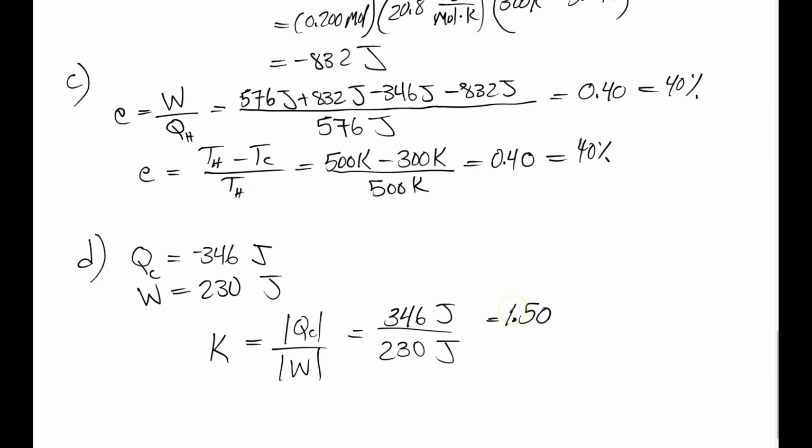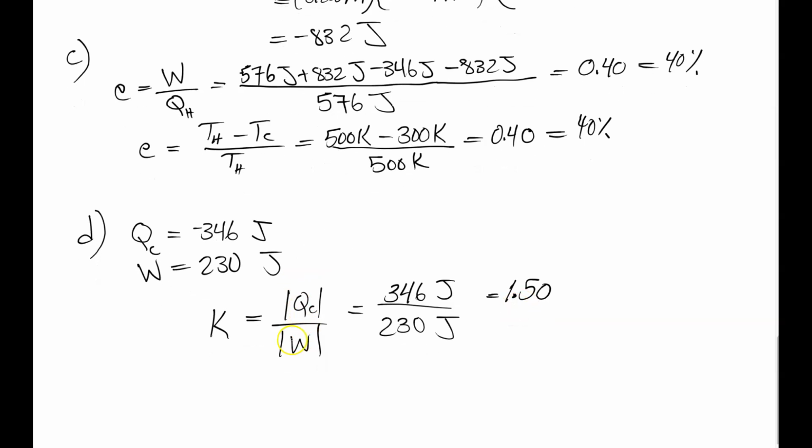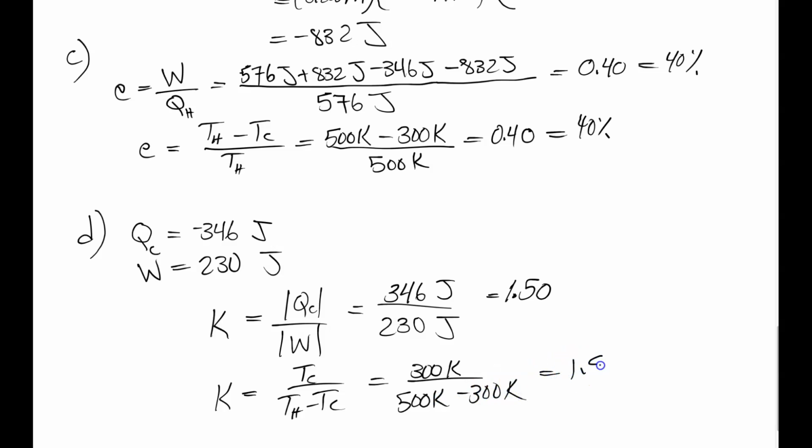Because this is a Carnot engine, we could have also done K equals T_C over T_H minus T_C, which is 300 K over 500 K minus 300 K, which is also 1.5. So one way or another you get the same answer.